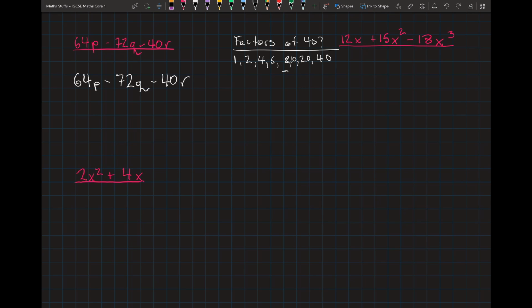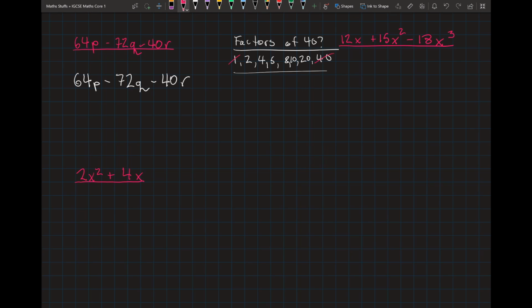So these are some of the factors we should be thinking about to see if we can divide any of these other numbers by them to make them nice and small. I'm going to look at these, and 1 and 40 don't help us.